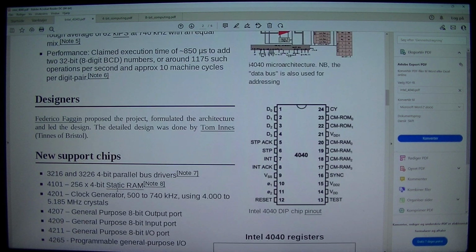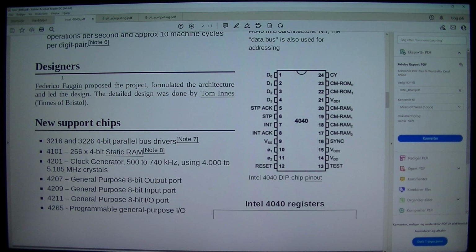Note 5. Performance: claimed execution time of ~850 µs to add two 8-digit BCD numbers, or around 1,175 such operations per second and approximately 10 machine cycles per digit pair.